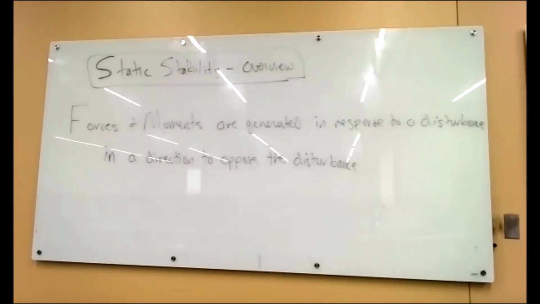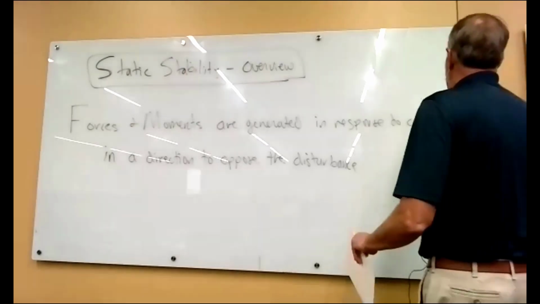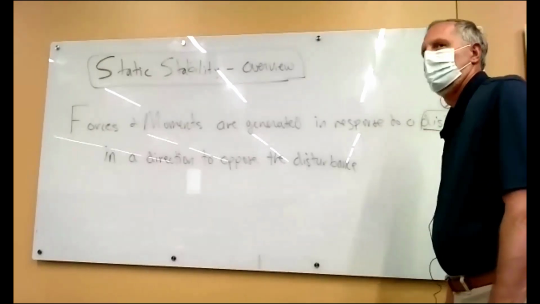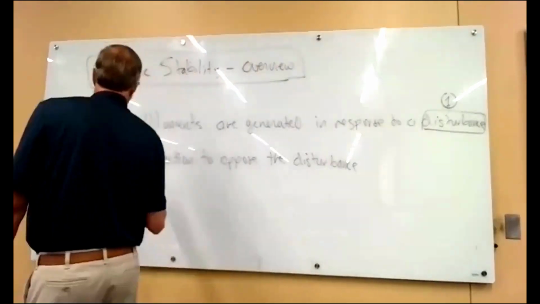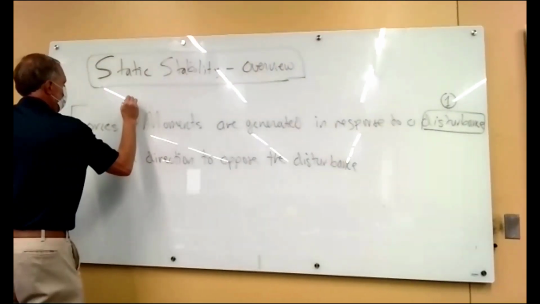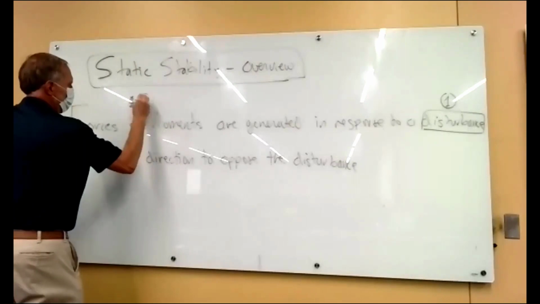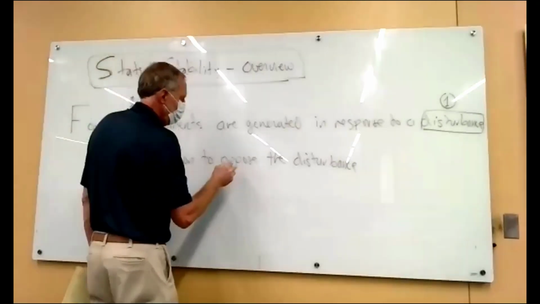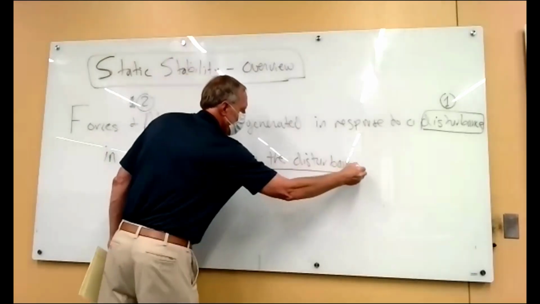So the key words there: there's a disturbance. Maybe this is written a little backwards, but the first thing that happens is you have a disturbance. And in response to that, you get forces and moments. So part 2 is forces and moments are generated. And the key word here is they oppose the disturbance.